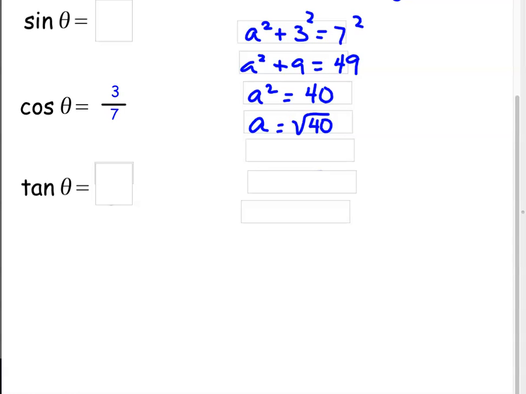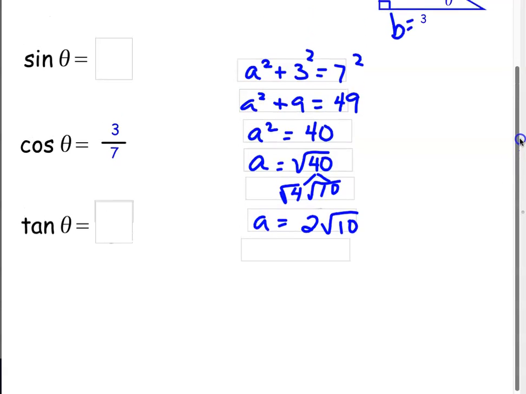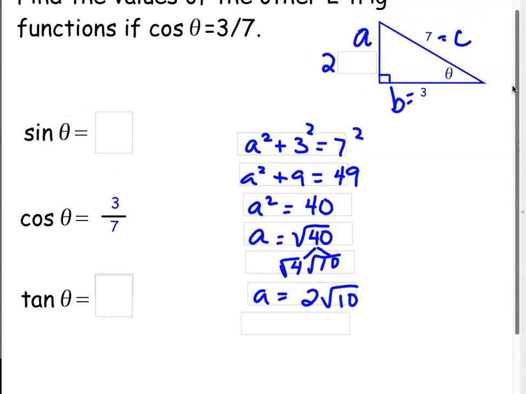How would we break down 40 if we kept it as an exact number? Okay, so splitting it into 4 and 10. All right, let's use the 2 root 10 for this purpose. So 2 root 10 is the value for our missing side. So what would our ratio be for sine?